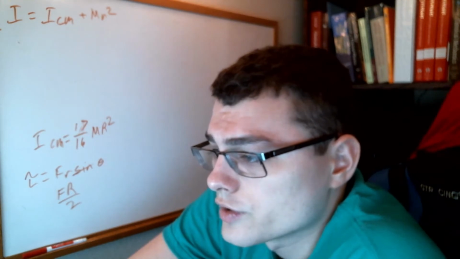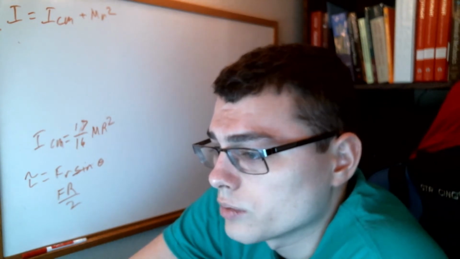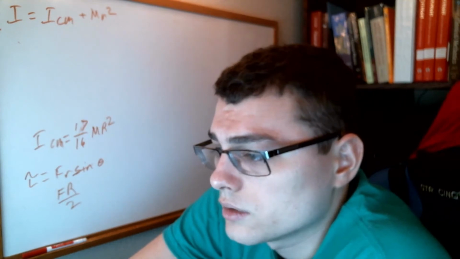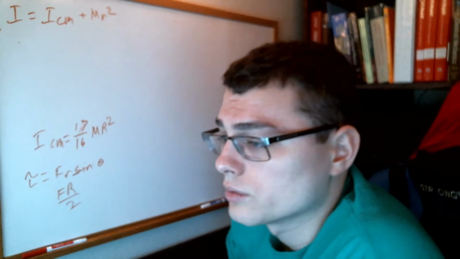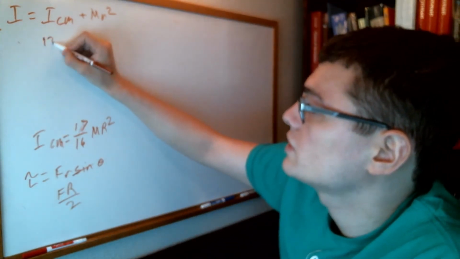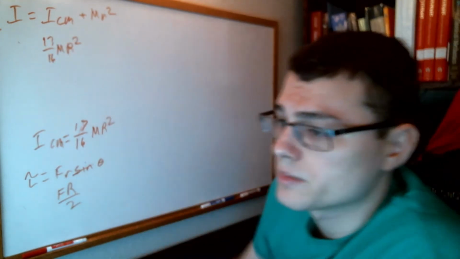We have to do this for two different parts here, because r is the perpendicular distance between the two axes. So this is 17 over 16 m r squared. That's easy peasy.